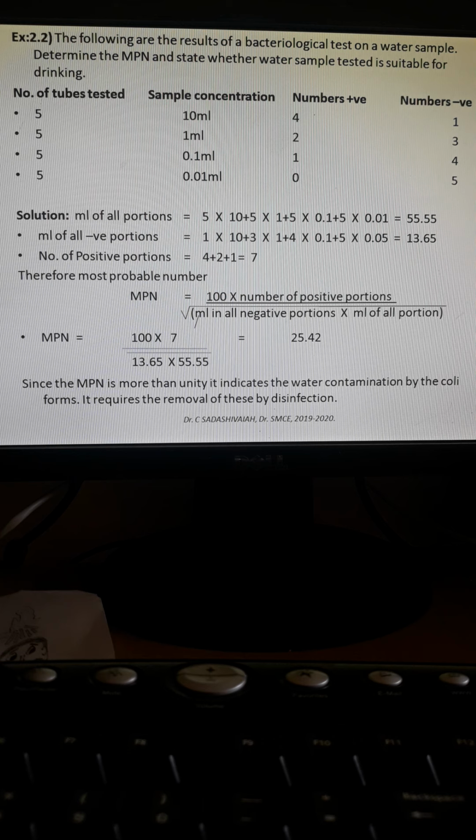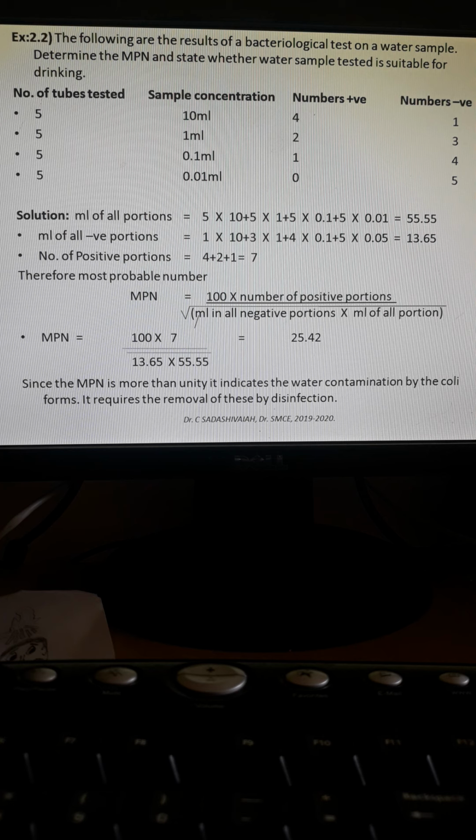And in the second set where 1 ml of sample was dispensed, 2 test tubes indicated a positive result, and obviously 3 test tubes indicated negative. And in the third set where 0.1 ml sample was taken, only 1 test tube indicated positive, obviously the remaining 4 tubes indicated negative, no gas formation.